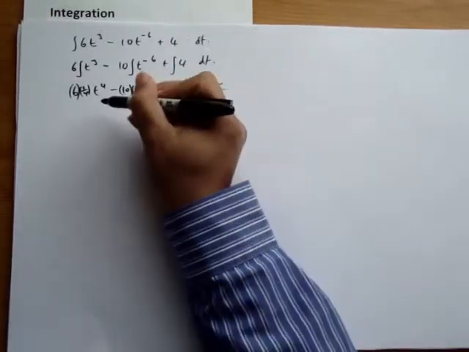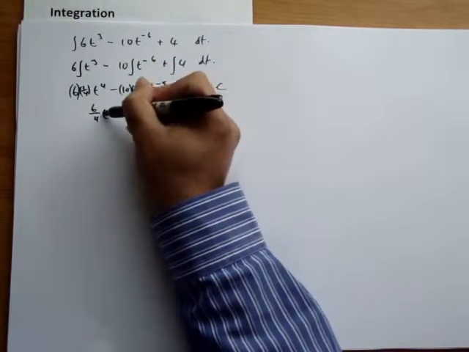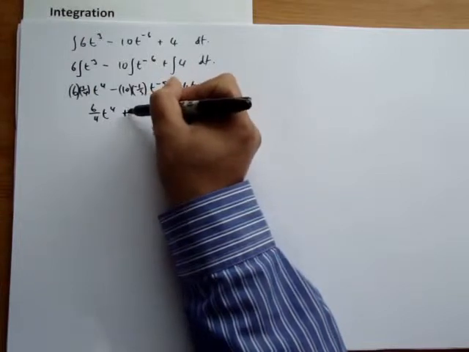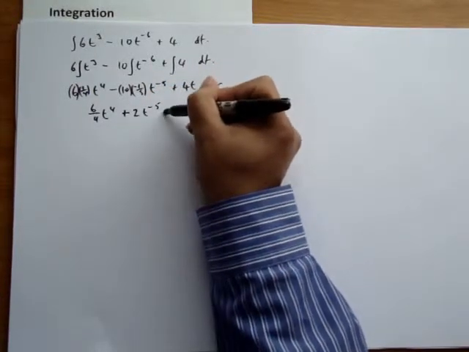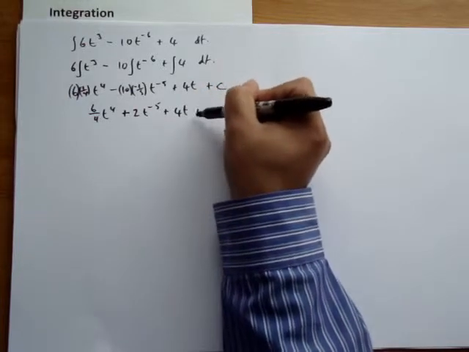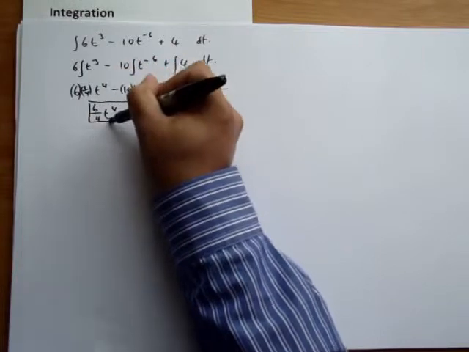And when we tidy that up, we get 6/4 t^4 + 2t^(-5) + 4t + c. And that is our answer.